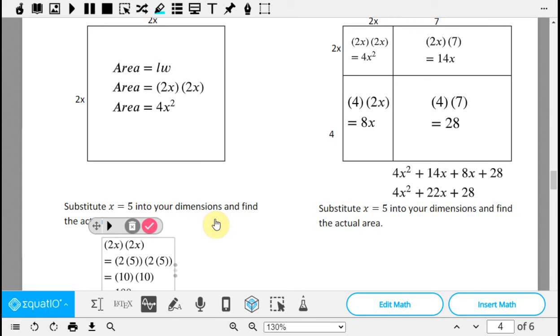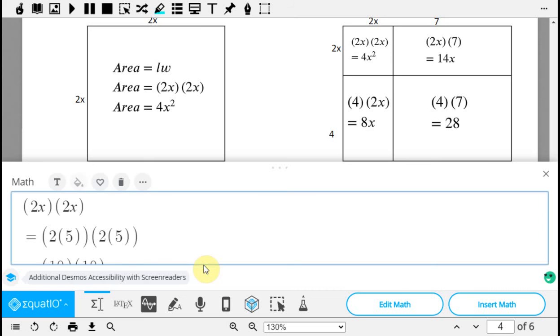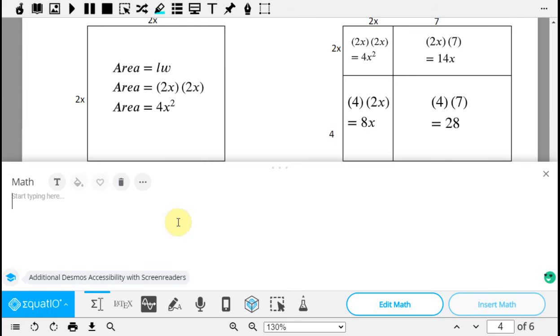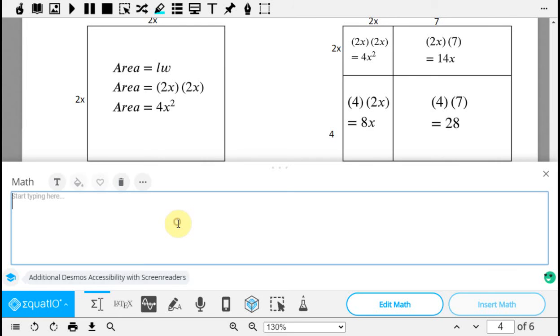Now we'll do the same with this square on this side. Its dimensions are 2x plus 4 times 2x plus 7.